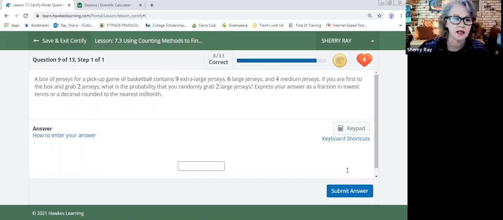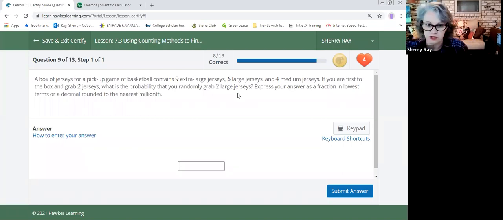Next one, a box of jerseys for a pickup game of basketball contains 9 extra large, 6 large, 4 medium. If you are first to the box and you grab 2 jerseys, what is the probability that you grab 2 extra large jerseys?